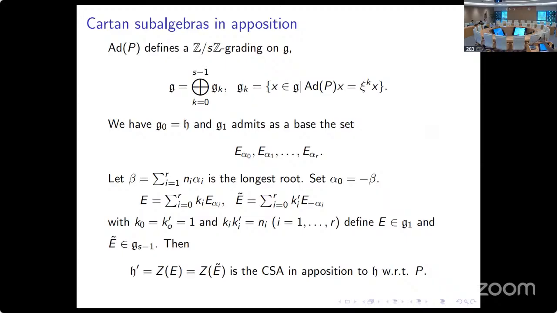So how do we define the other one? Either we first fill to a gradation and get the corresponding eigenspace, and then you are able to define the other H prime. In any case, this is called the Cartan subalgebra in opposition to H with respect to P. You don't need to go through every detail here, but the way to define it is kind of the opposite Cartan subalgebra.